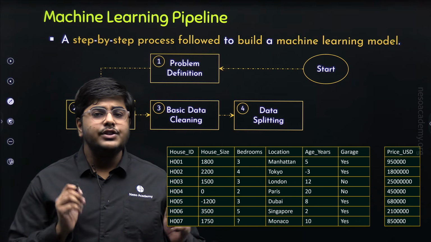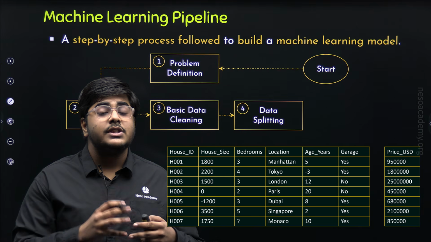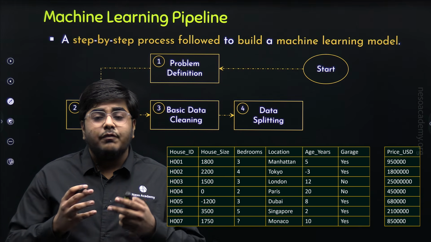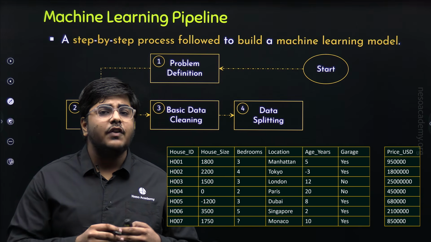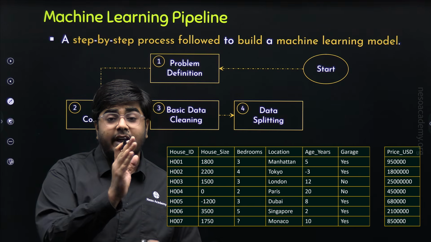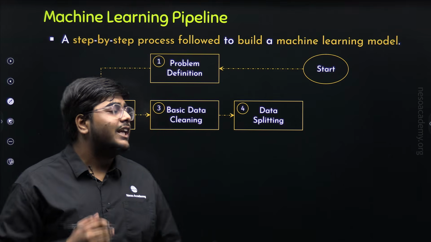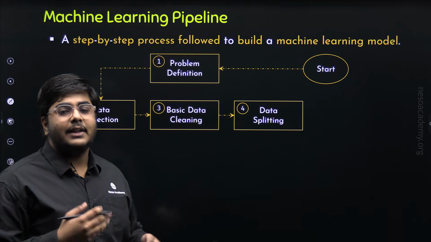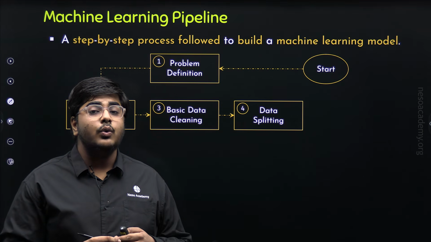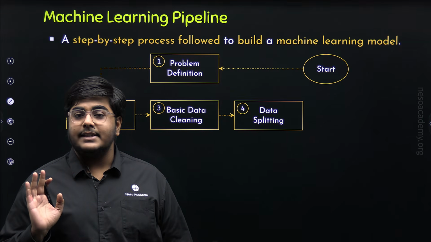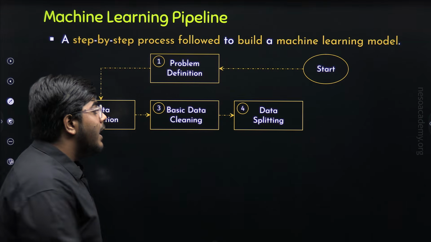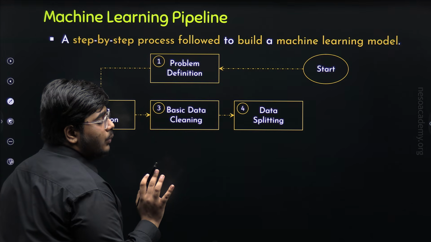So, the house details like size of the house, age of the house, number of bedrooms of the house, location of the house must be separated from the actual price of the house. Only after that we can perform data splitting, that is, dividing the data into training data and testing data. So I hope data splitting is now clear to you.